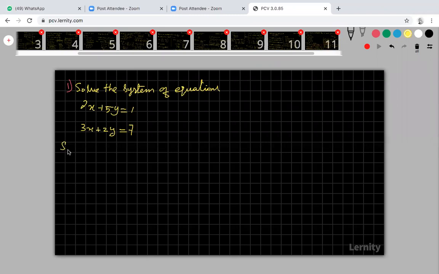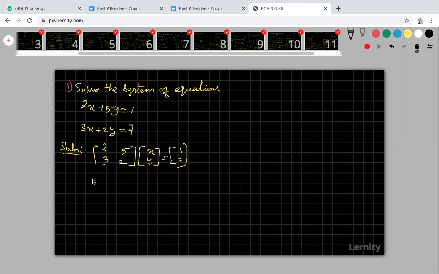So now look at that. I'm going to write the coefficient matrix. What is the coefficient of x? Write the coefficient of x in the first column: 2, 3. Coefficient of y is 5, 2. Into the unknowns x and y, and right hand side values 1, 7.